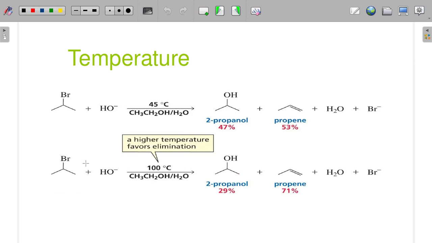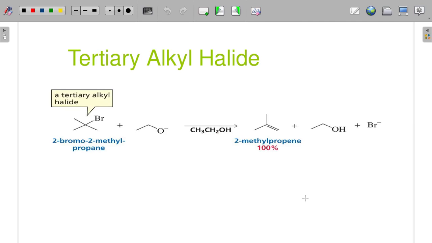Temperature also causes a difference. Lower temperatures tend to favor substitution. Higher temperatures tend to favor elimination. Tertiaries, because they are tertiary, are pretty much only ever going to do elimination.